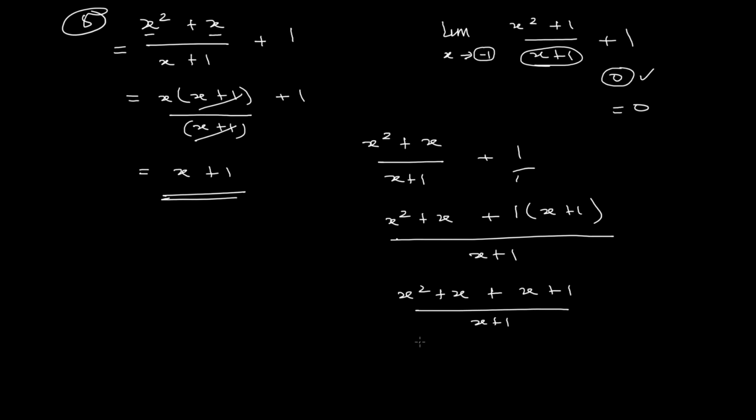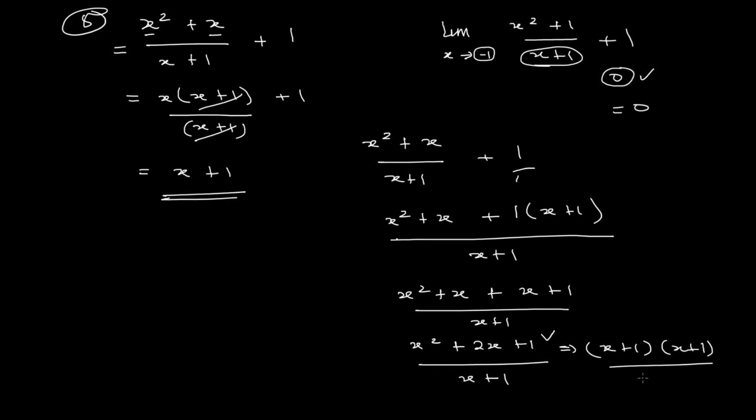Now I know it's not supposed to be this complicated, but there will be cases where you can't immediately divide. That's why I'm showing this. Then you factorize this. Remember we did factorization of this, so that will become x plus 1 over x plus 1. Then we get rid of those two, then we have x plus 1.